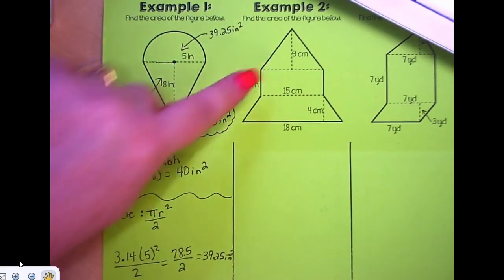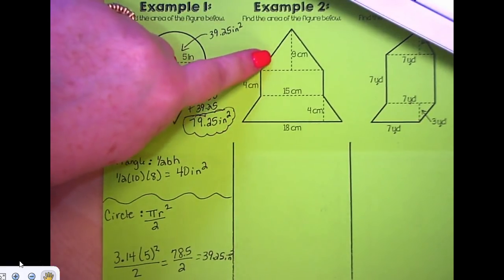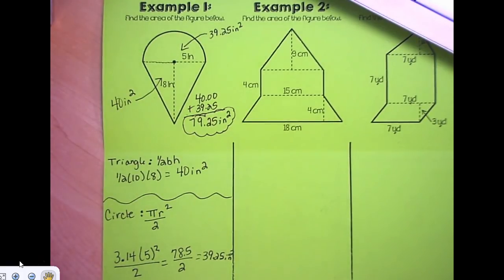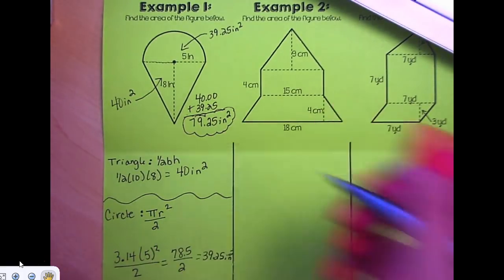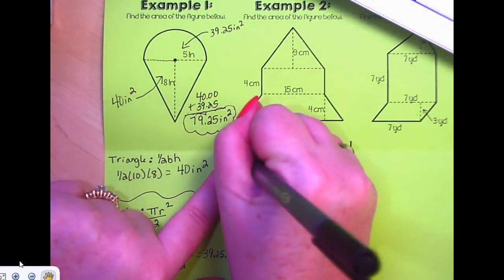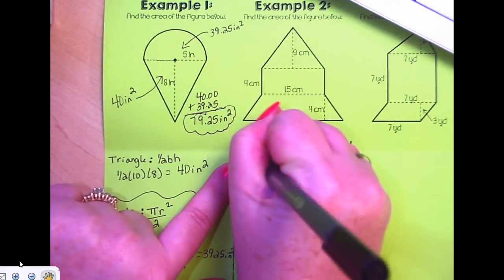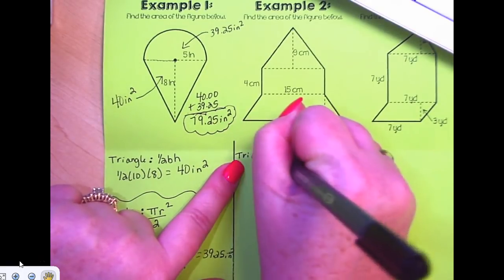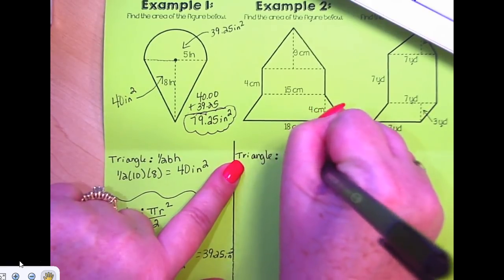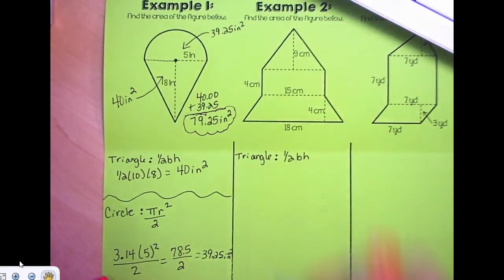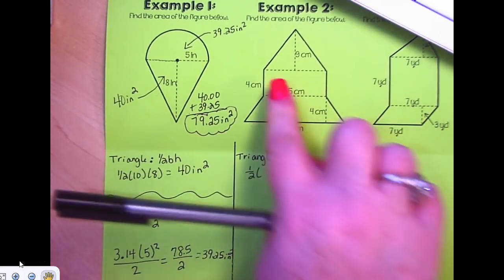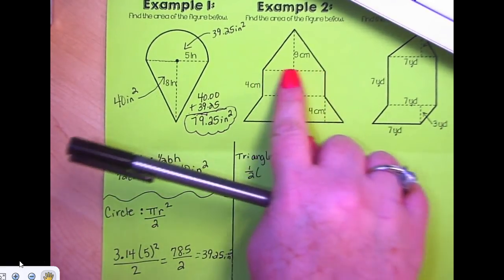All right. Example 2, we have a triangle, a rectangle, and a trapezoid. So let's start up at the top with the triangle. The formula is 1/2 of the base times the height. So 1/2. The base, how big is that?